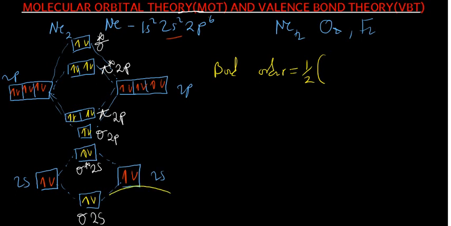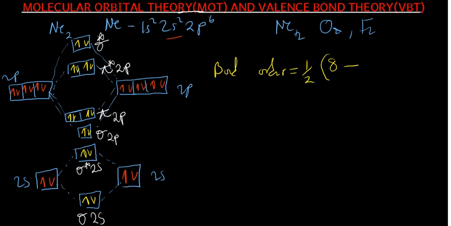So we can see there's no star here, there's no star there, there's no star there. So we have got 2, 4, 6, 8. So we have got 8 electrons which are bonding. So bond order is equal to half bonding electrons which are 8, and then minus, did I say 6? So they're supposed to be 8.